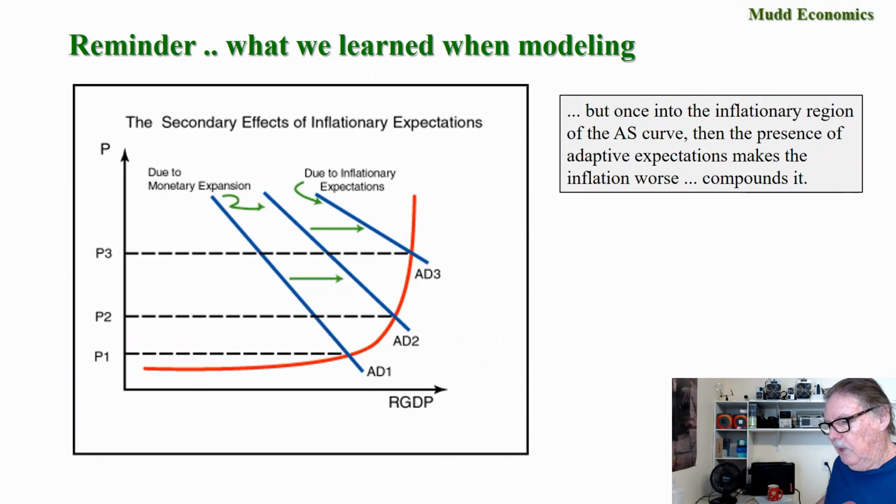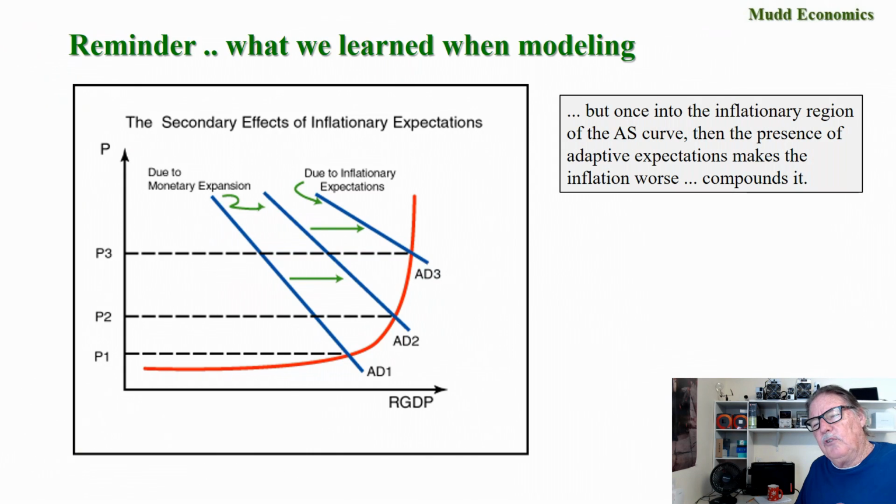When we did some modeling, of course, we reminded ourselves that once inflation happens, once it starts, it has this automatic tendency to get worse, and we know that's due to inflationary expectations. We spent some time justifying why people would change their behavior. And remember, one of the examples we used was real estate.